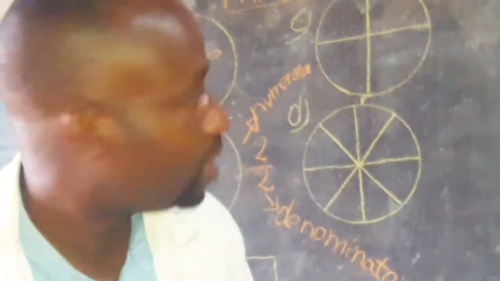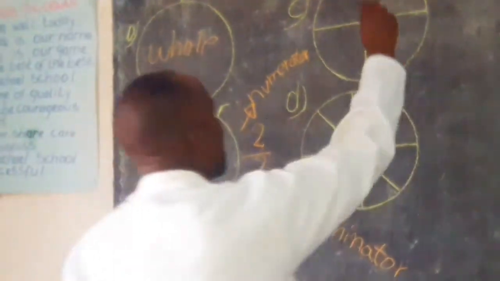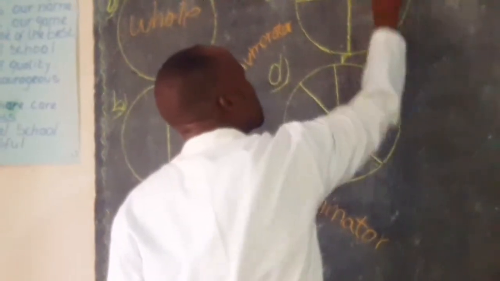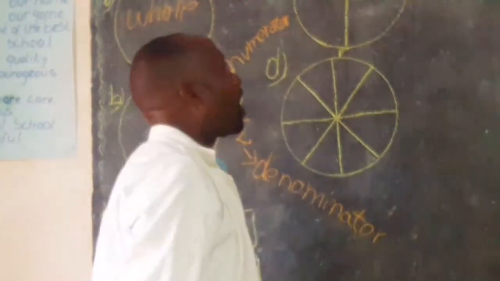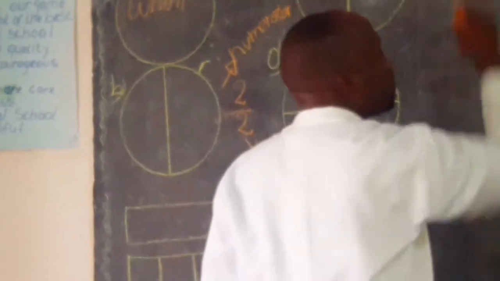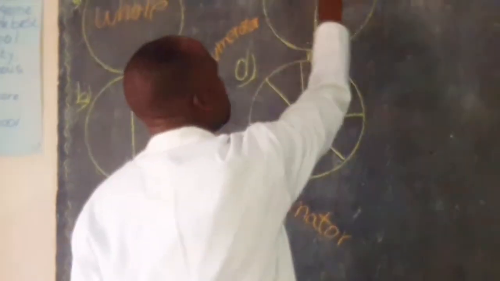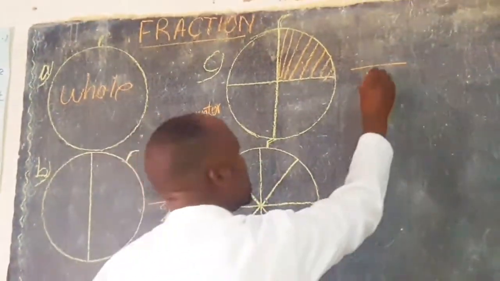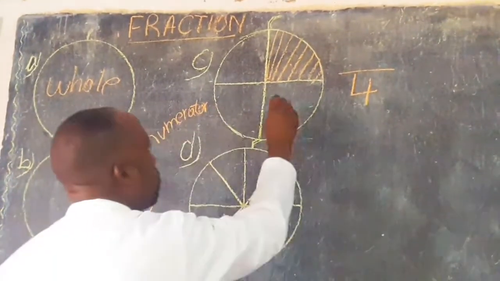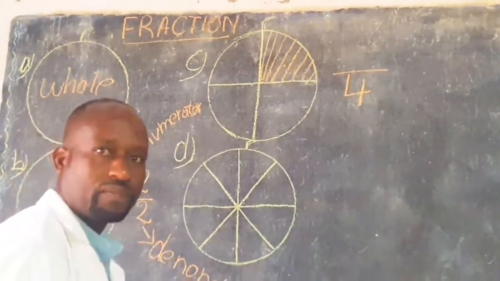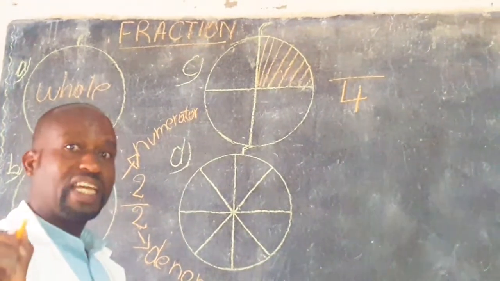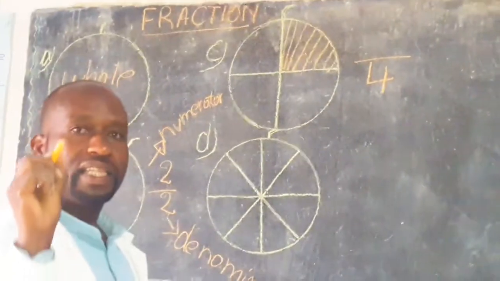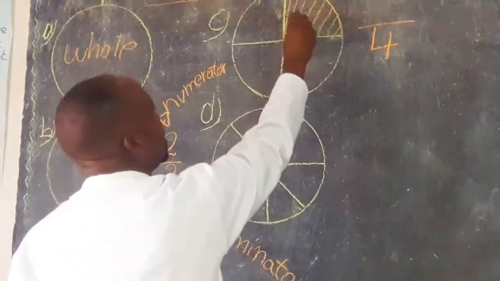Let me show you here. I'm going to take 1 part. How many available parts here? 1, 2, 3, 4. The available parts, the denominator, is 4. And the number of the taken parts among the available parts is called the numerator. I take this only.